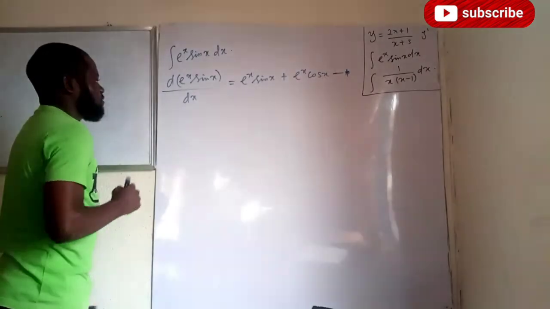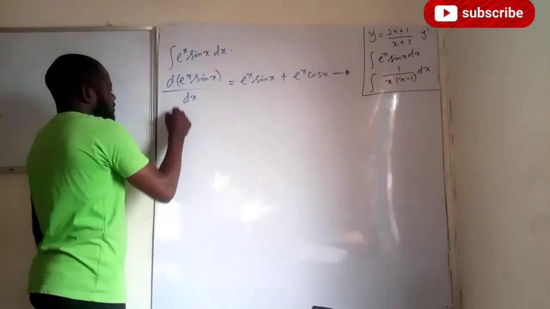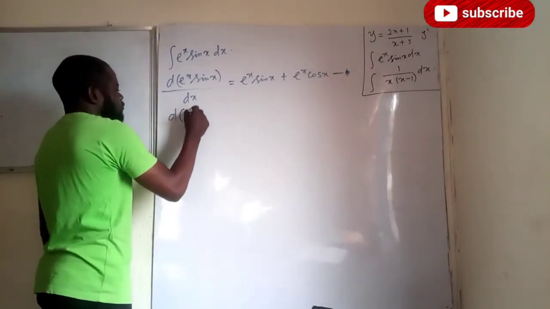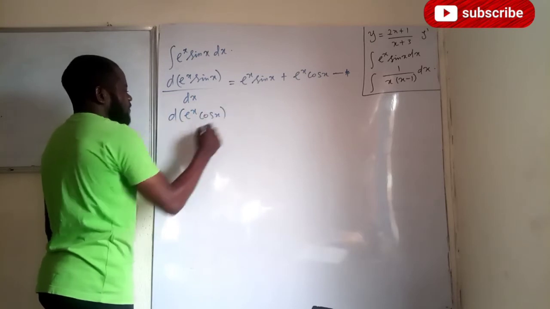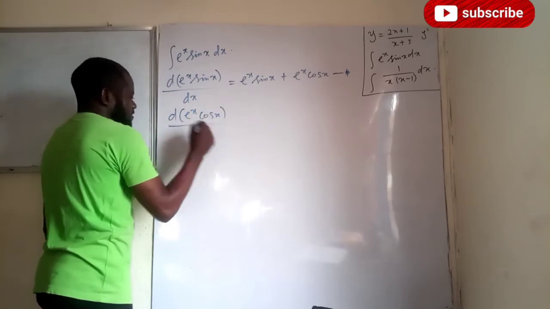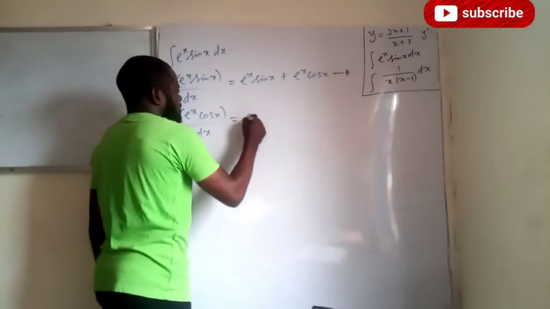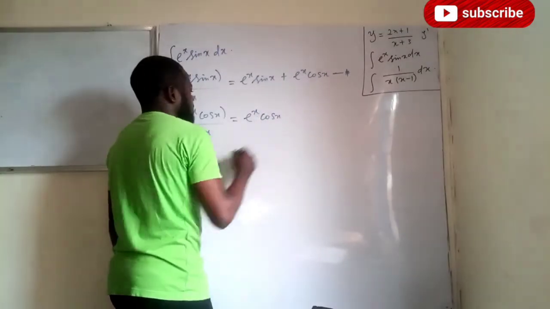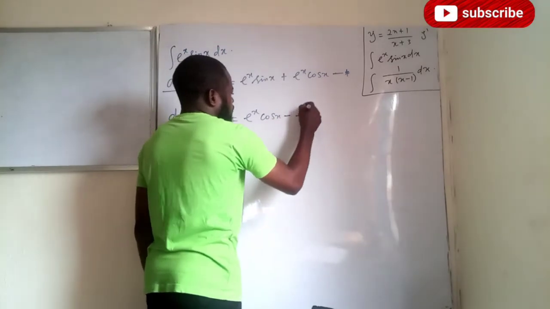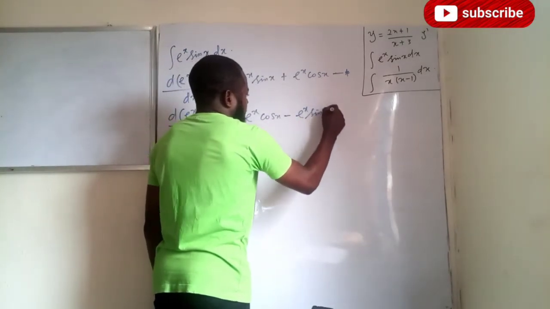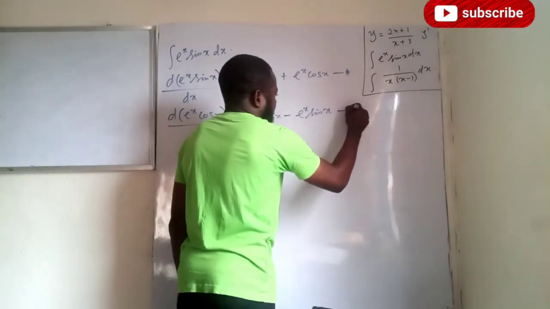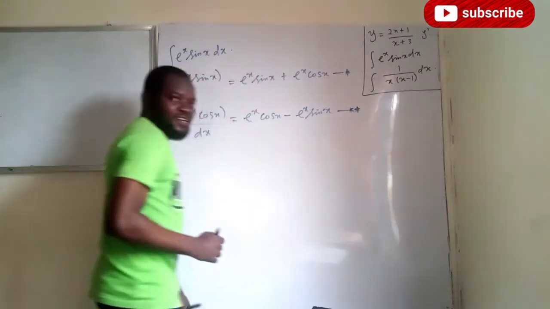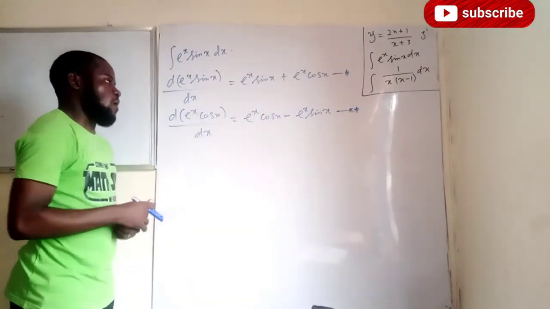Now I'm going to differentiate e to power of x cos of x also. So if I do this, my result will be e to power of x cos of x minus e to power of x sine of x. And this will be my equation star star.